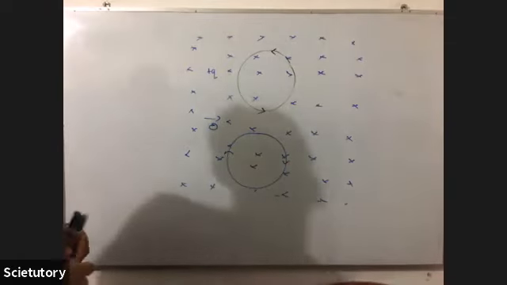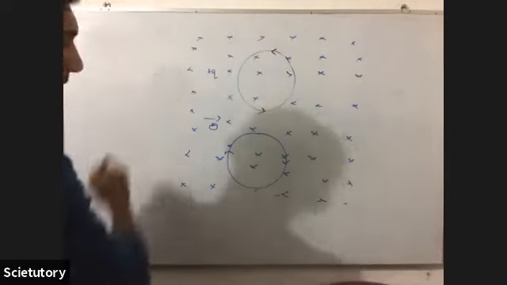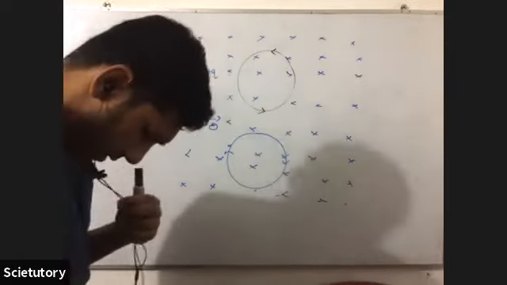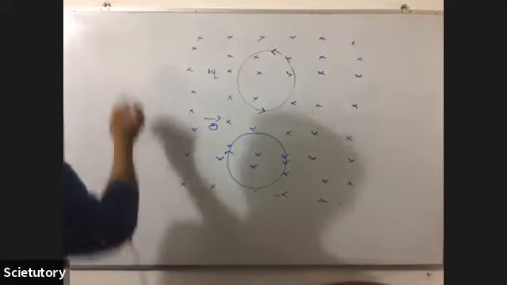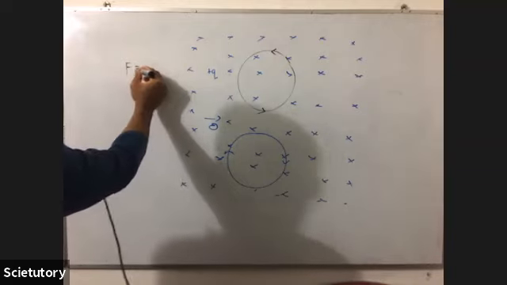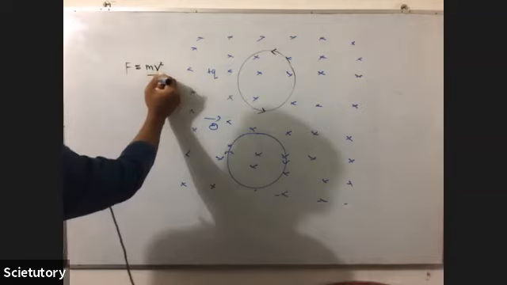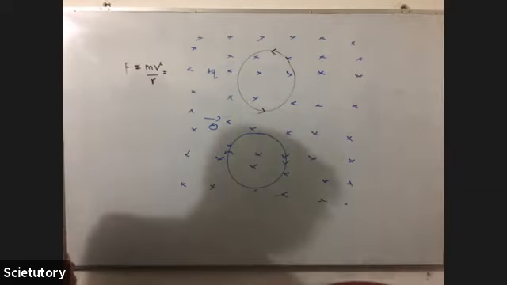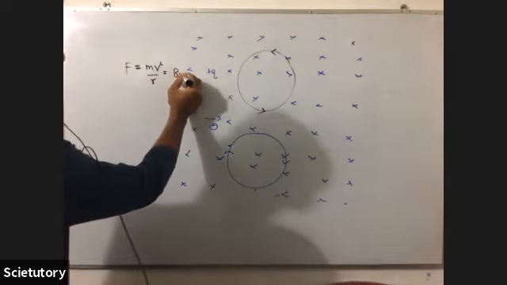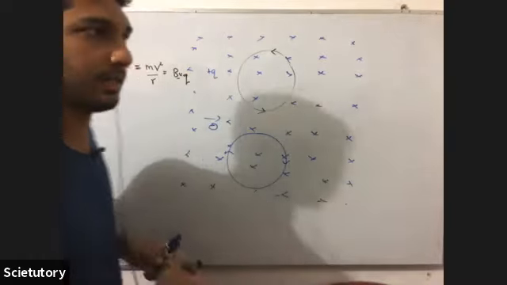Okay. So what are the equations that you can take for these kinds of motions? You have to write the equation for the circular motion, for the centripetal force. That's the equation for centripetal force: mv squared over r, am I correct? So it is equal to BvQ. This is the force acting on a moving charge in a magnetic field.